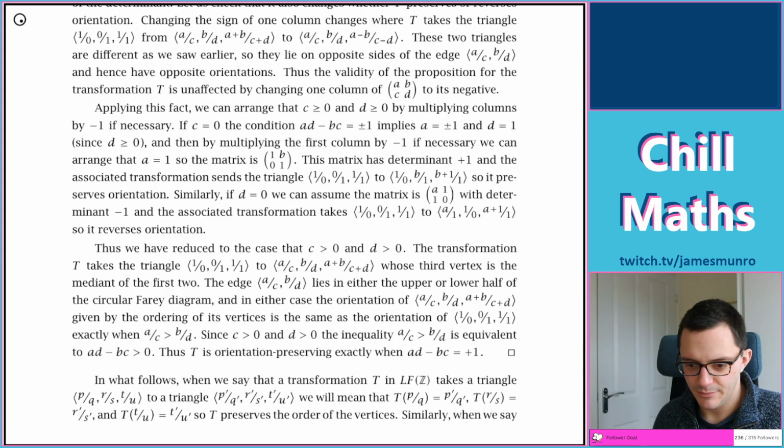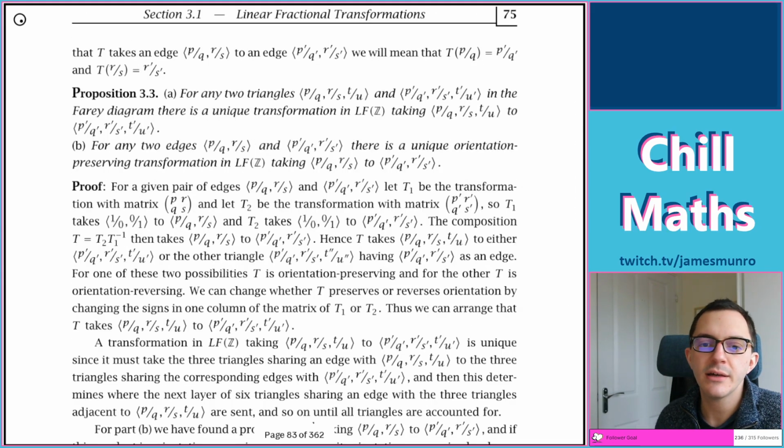So when we say a transformation takes a triangle with primes on, we mean that it sends each of the corners to the correct places and preserves the order of those vertices. So we're going to say it preserves this triangle, and we mean corner to corner. Similarly, when we say that T takes an edge to an edge, we're going to mean in an orientation preserving way.